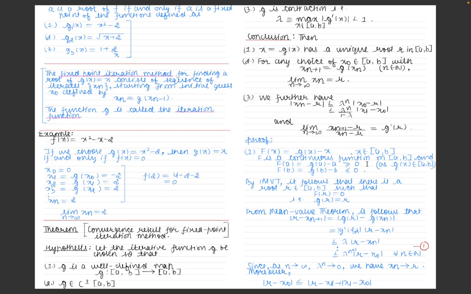Then the conclusion is, number 1, x equal to g(x) has a unique root, say r, in [a,b].